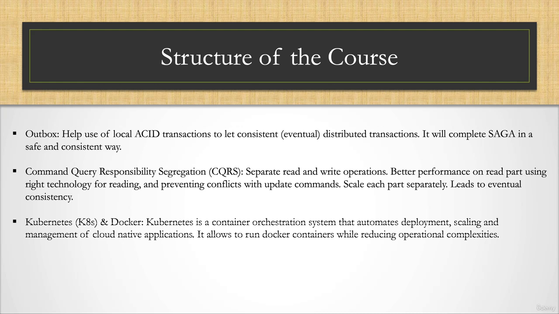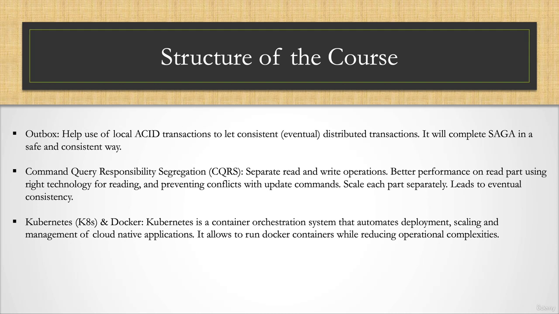Kubernetes and Docker. Kubernetes is a container orchestration system that automates deployment, scaling, and management of cloud-native applications. It allows you to run Docker containers while reducing operational complexities. You will learn to containerize your services and first run them locally using Docker.